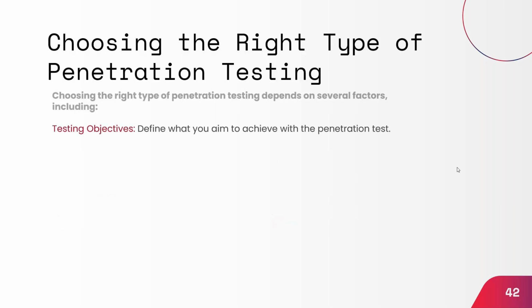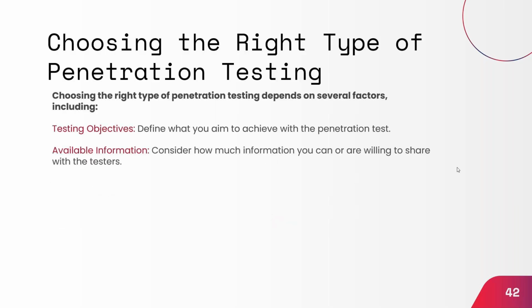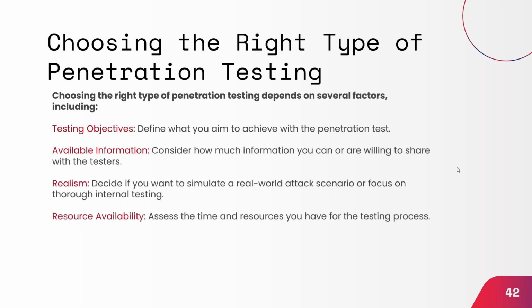So which one to choose, right? Choosing the right type of penetration testing, of course, depends on the objective, right? If the objective is very clear, maybe, let's say, white box testing is already done.